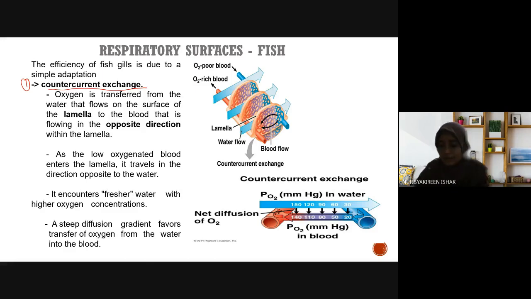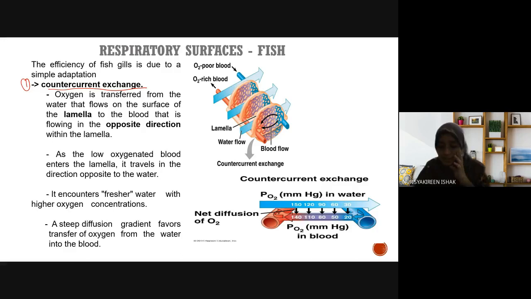Now it is for the respiratory surface in fish, in fish gills. Okay, it also involves countercurrent exchange. The other day I mentioned countercurrent involves fluids. Okay, two sources of fluid that flow in the opposite direction, and it involves exchange of something.